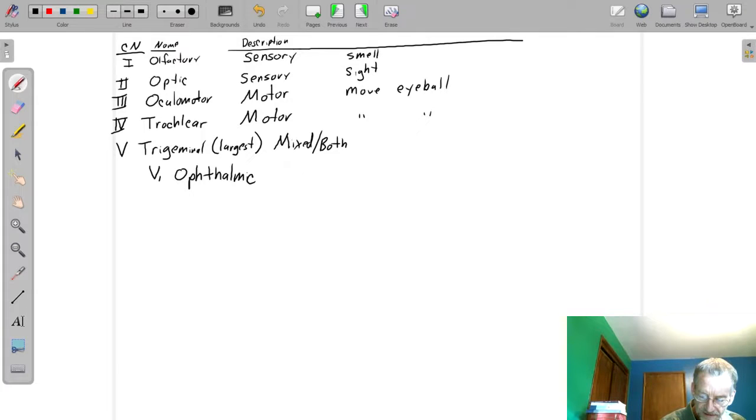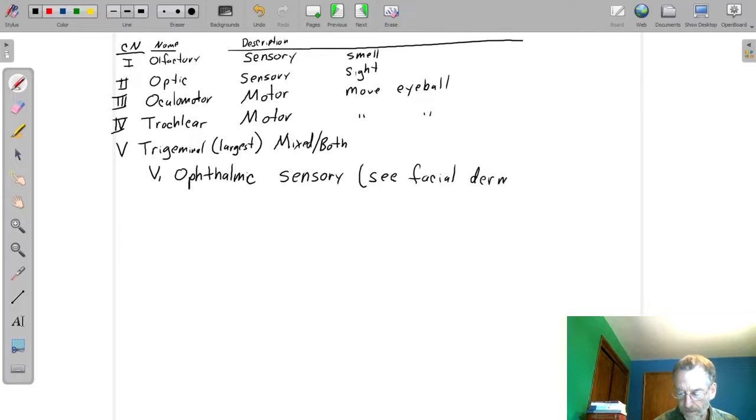And this is sensory. I'm going to put a note here to see facial dermatomes, areas of the face. There are illustrations in your book and in the slides. And then V2 was the maxillary branch.